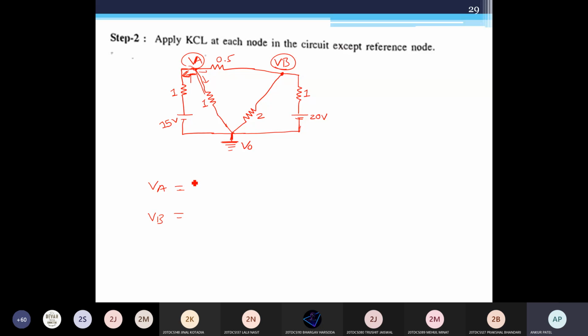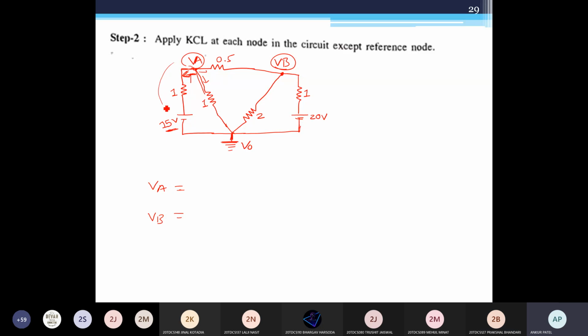Sir, that could be 15 ampere. Which one? Otherwise, sir, 15 volt. There can't be 15 volts, because VA by resistance will become current, and we are showing current, so voltage can't be used. We can use this 15 volt.